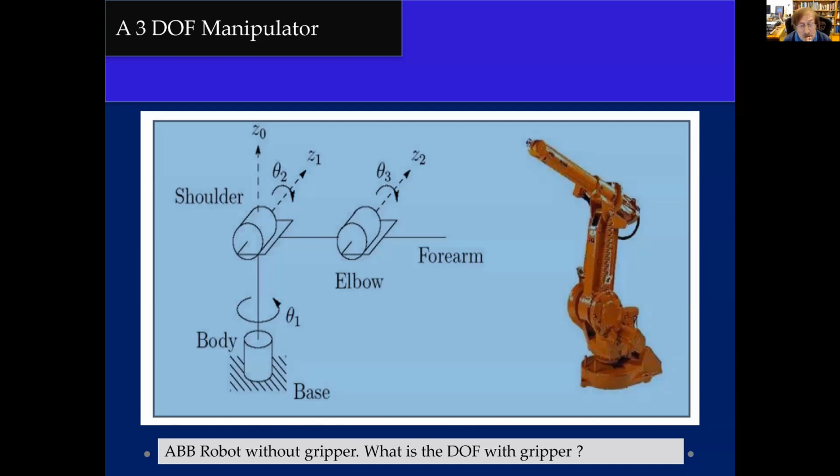In how many degrees of freedom can a robot move? When we ask this question, we are actually saying, in more plain English, how many basic elementary motions can a robot do? When we talk about a 3 degree of freedom robot, we are talking about a robot which can carry out 3 elementary motions.